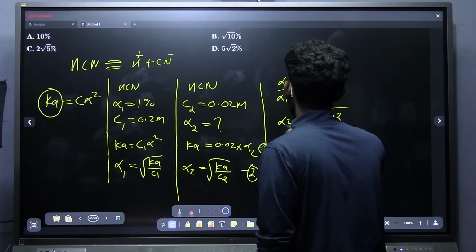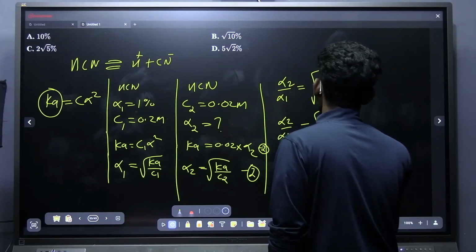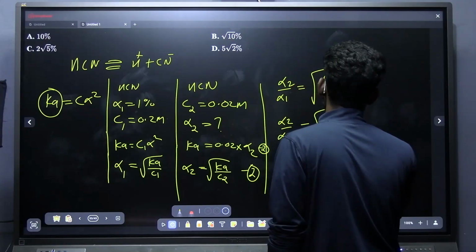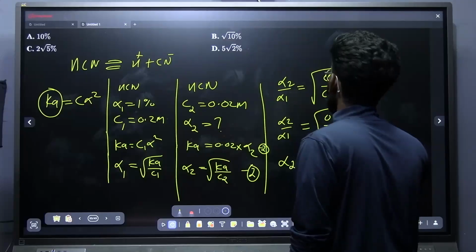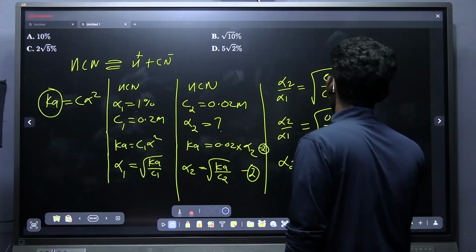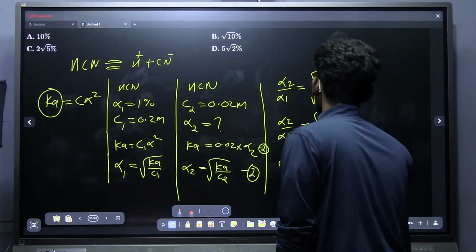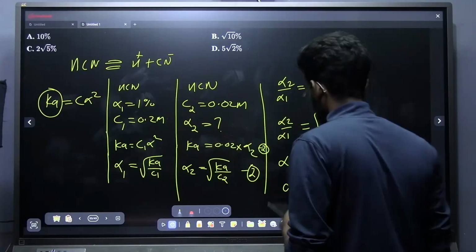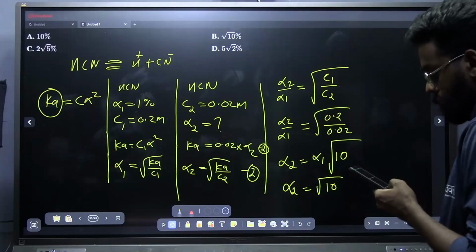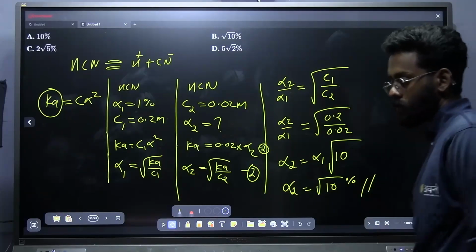We need to find out alpha 2. Alpha 2 is equal to alpha 1 into root of 0.2 divided by 0.02. What is 0.2 divided by 0.02? The value is 10. Alpha 1 value is 1, so 1 into root 10. So it is root 10 percent. Is it clear?